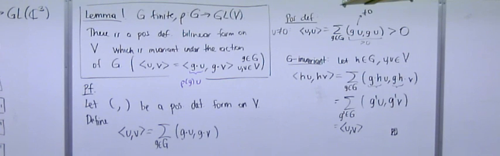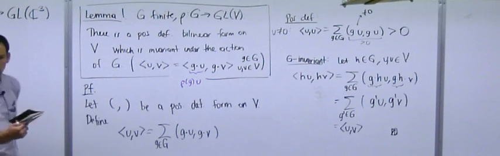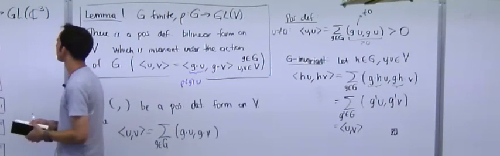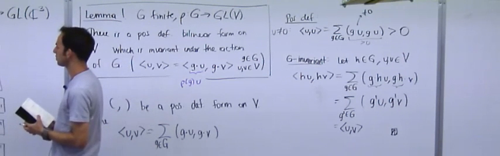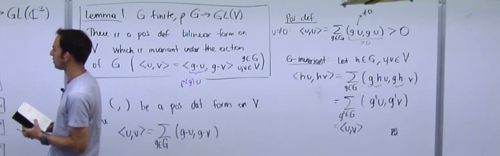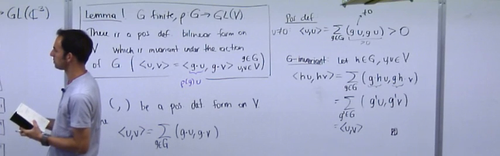So let's figure out whether this group representation right here is irreducible or not. So what do we have to do?